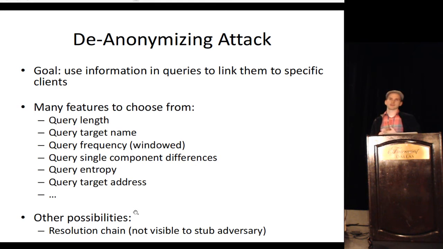For example, you could look at the length of the query, the query target name, the actual value, the window frequency within which queries are issued, differences between components of related queries, the entropy of a query, and so on and so forth. And you can just hypothesize a bunch of different things that may or may not be useful. There's other things that we potentially discussed, for example, using the knowledge of the resolution chain, but in the stub adversary approach, he doesn't necessarily have access to the entire resolution chain, so we just omit that particular feature.